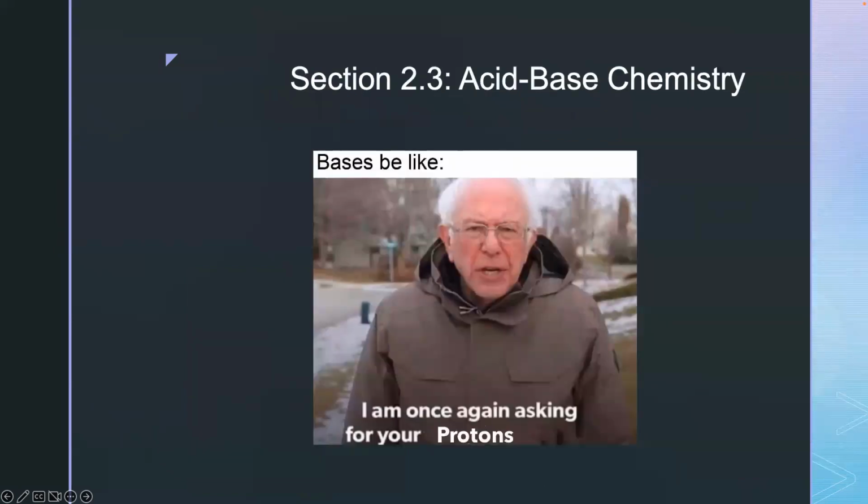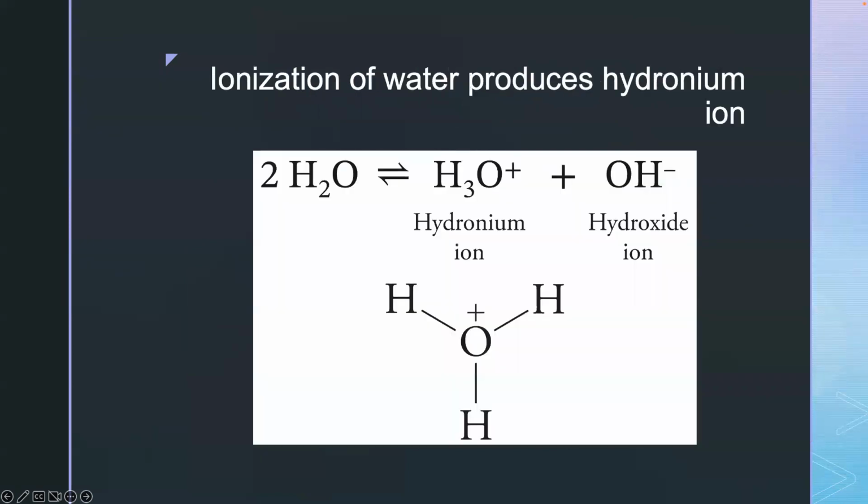And so next we're going to move into acid and base chemistry. The first thing is that when we think of pure water, some of that water is actually going to fall apart or dissociate into a hydrogen ion, and then into a hydroxide ion.